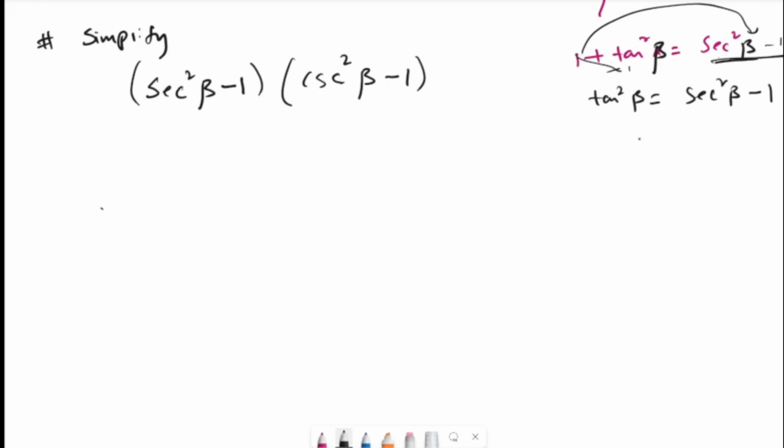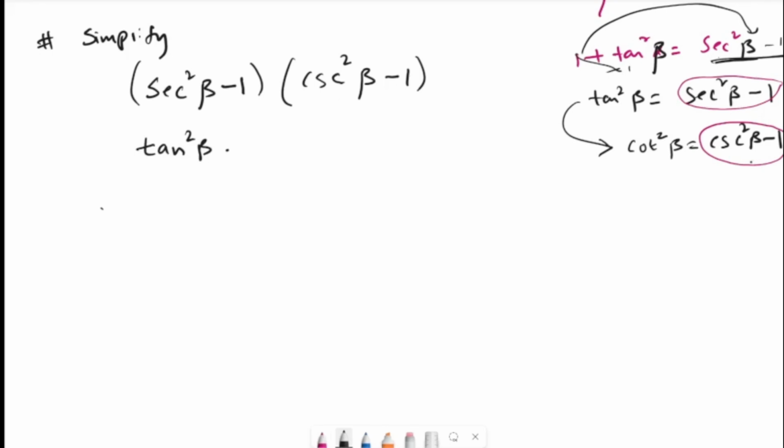All right. Now likewise, his counterpart, cot square beta is cosecant square beta minus 1. I'm going to replace these two here. So secant square beta minus 1 is tan square beta.